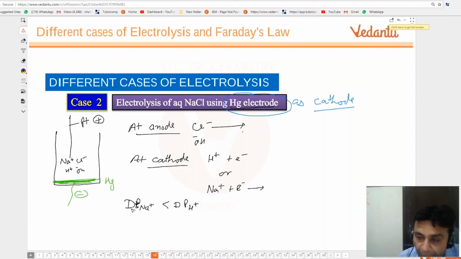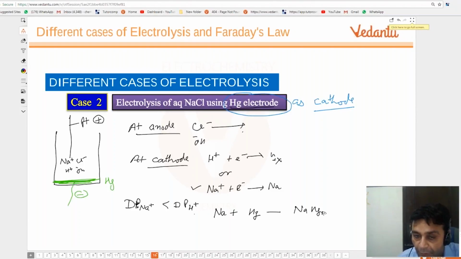So sodium will be deposited, not the hydrogen. Right? This will not take place. So this sodium will now get dissolved in mercury and it forms here NaHgx.